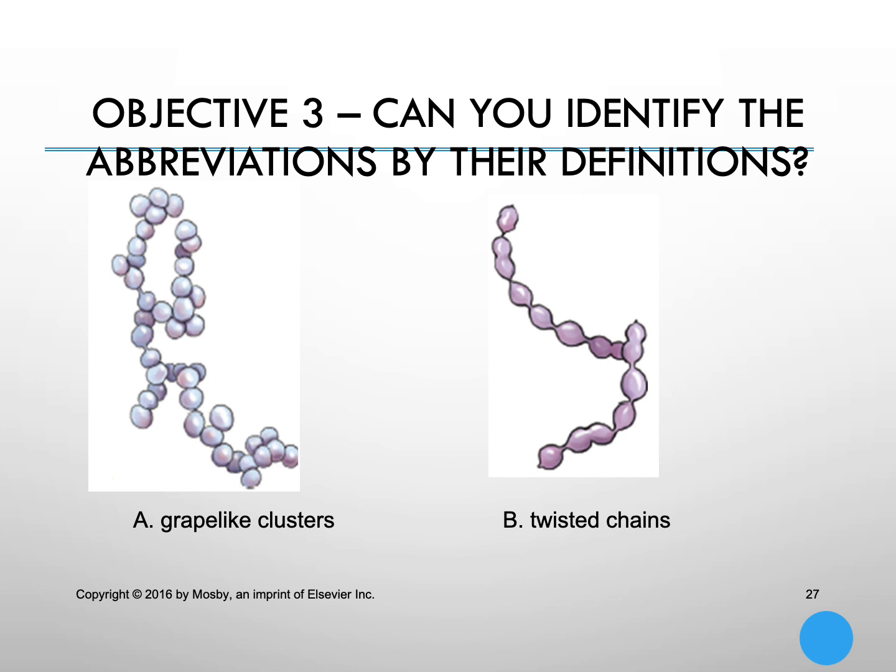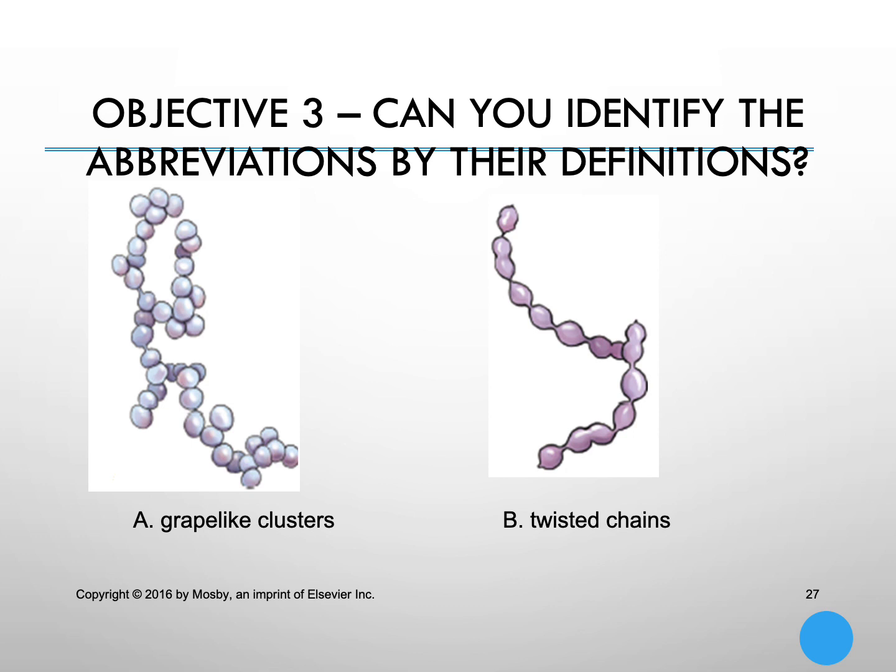Okay, do you remember which one is that we call this one on the left? If you said staphylococcus, you would be correct, or the plural would be staphylococci. And then what about the one on the right, the twisted chains?